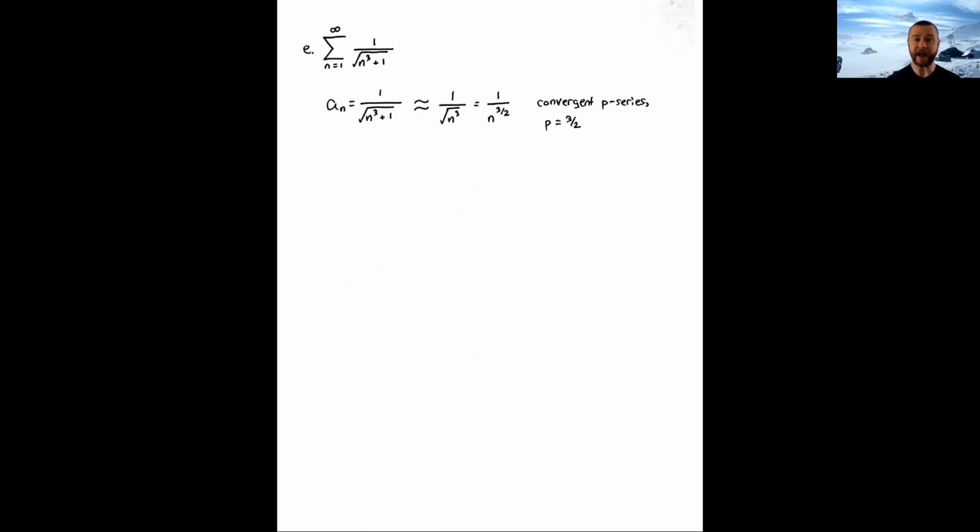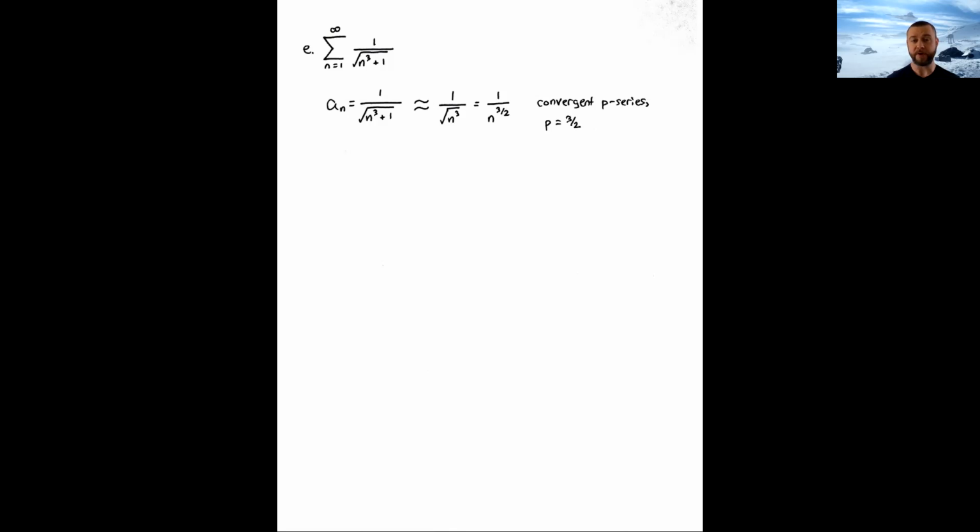All right, let's take a look at our final example for the direct comparison test, part E. Here the nth term is 1 divided by the square root of n cubed plus 1. And if we perform a large n estimation, we find that our nth term when values of n become very large behaves like 1 over the square root of n cubed, which you could rewrite, thinking of the square root as a 1/2 power, as 1 divided by n to the 3/2 power.